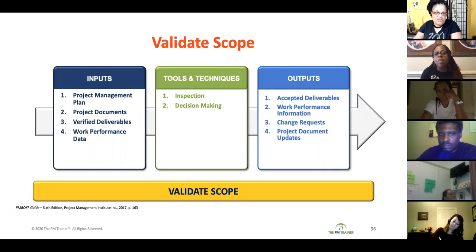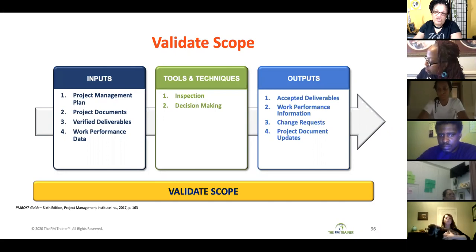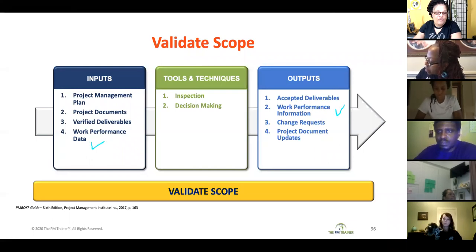Your outputs for your validate scope are going to be those accepted deliverables. So the deliverables that your customer or stakeholder decides are acceptable. Then you have your work performance information, and that's the work performance data that you got from your inputs is now going to be analyzed and turned into work performance information.